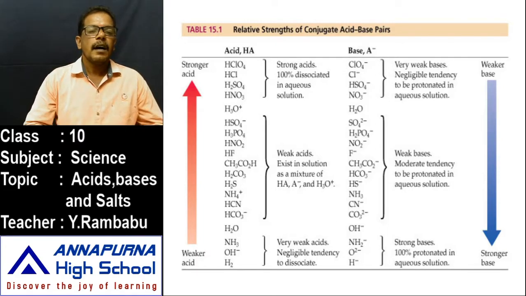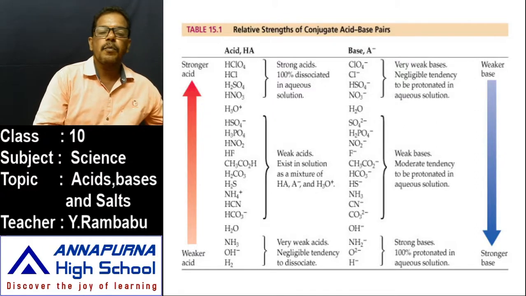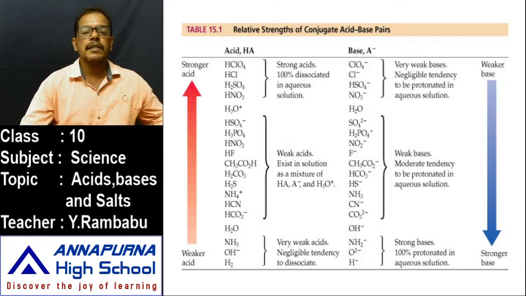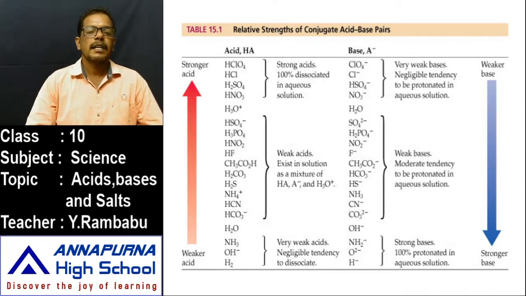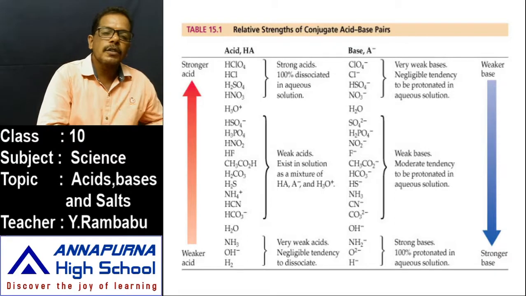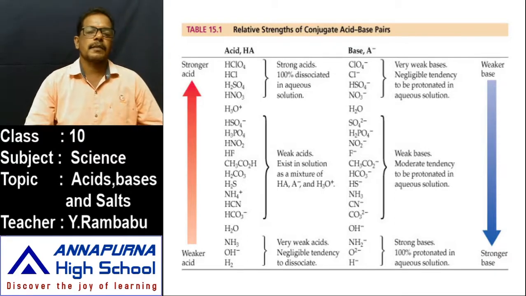Now observe the substances in the middle of the series: phosphoric acid, nitrous acid, acetic acid, carbonic acid, hydrogen sulfide, hydrogen cyanide. In this case, each exists as a mixture of positive ions, negative ions and molecules.